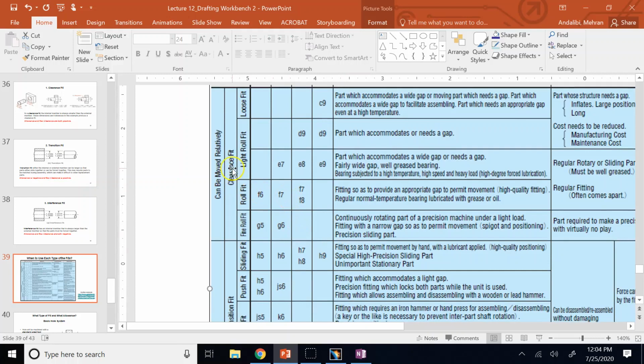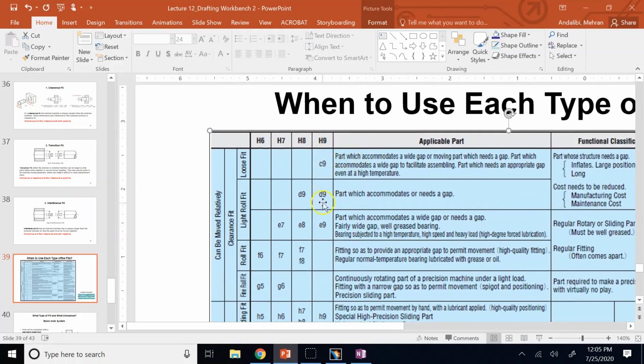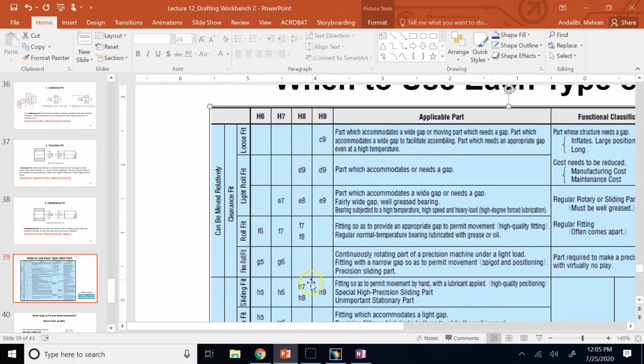So for example, here you have what? Clearance fit, the loose fit. It says, where would you use this subcategory of clearance fit? So as I said, clearance fit has several subcategories, and we're going to see them like C9, D9, E9, E8, E7, and so on. So here you see it says parts which accommodate or need a gap, right?